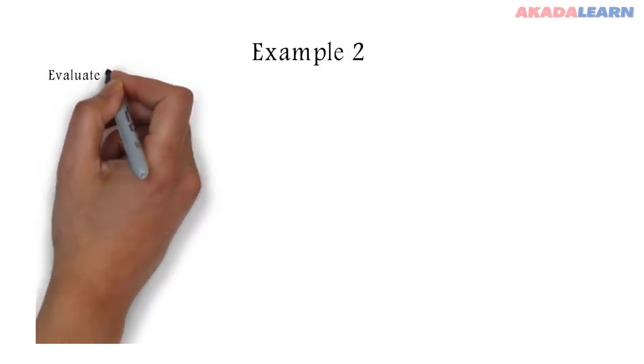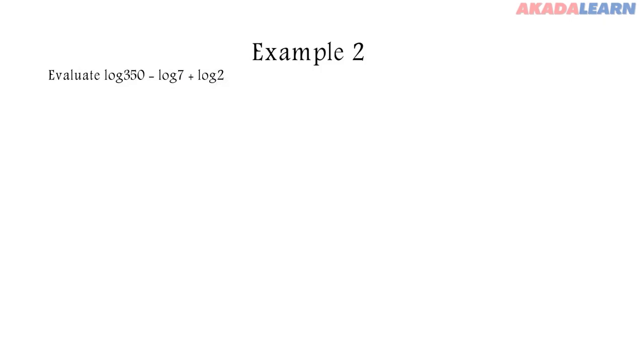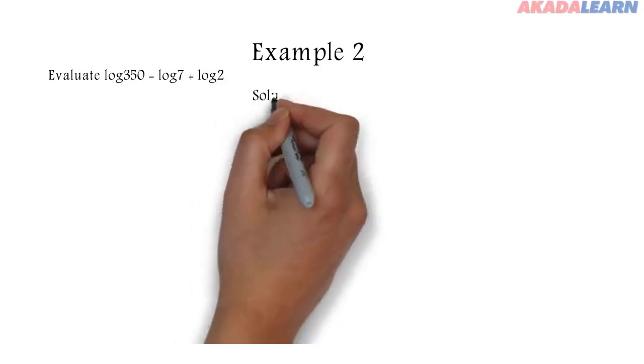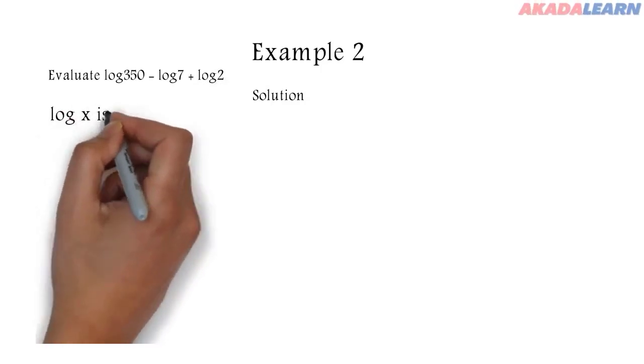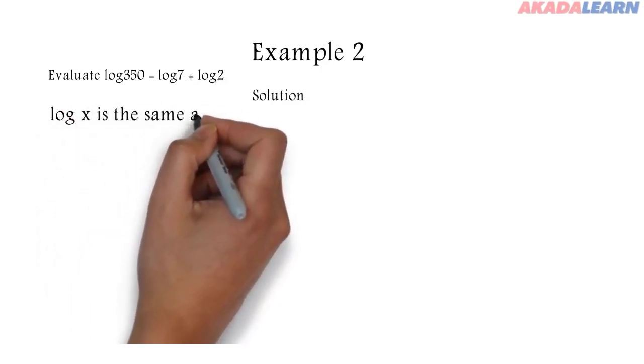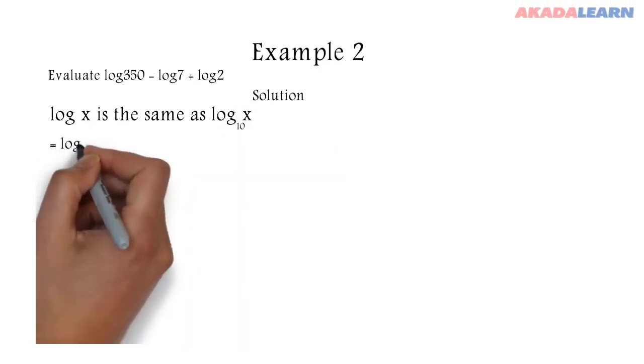Example 2. We are asked to evaluate log 350 minus log 7 plus log 2. Now, when a logarithm is written without a base, it means that the base is 10. So log s is the same thing as log s base 10. So there's no base there, but the base is 10. That's what it means.